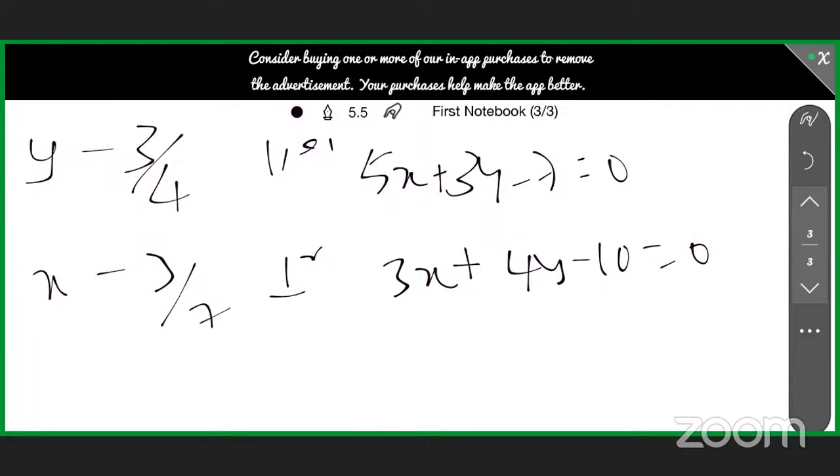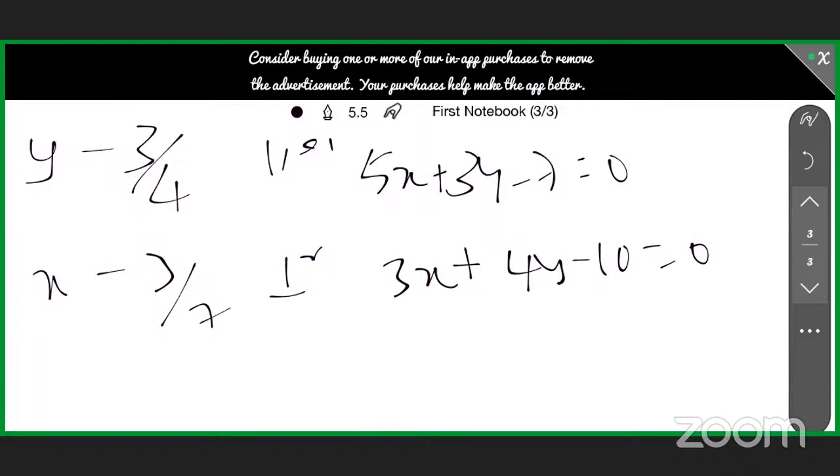A1 A2 plus B1 B2 is equal to 0, sir. Why A1 A2 plus B1 B2 is equal to 0? That is the condition for perpendicular lines. The transformation for the equation ax plus by plus c is equal to 0 is bx minus ay is equal to some constant k.